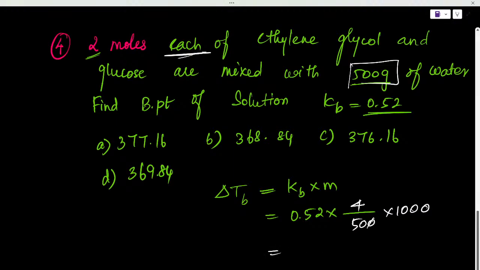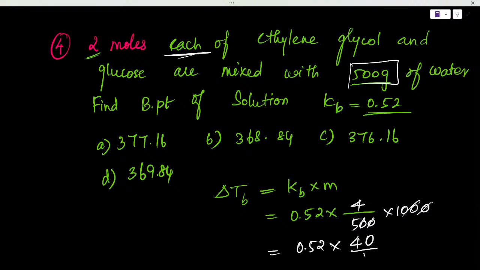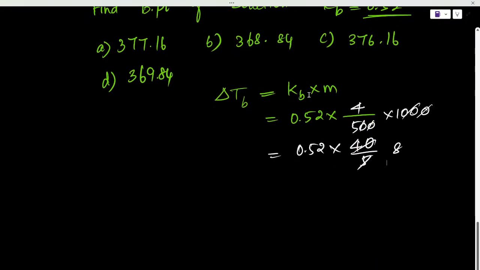So upon doing the calculation, what will I get? 0.52 into 4 by 0.5, which is 8. So 0.52 into 8, 16, 40, 41. So 4.16, right, approximately 4.